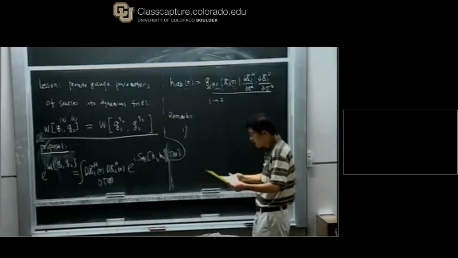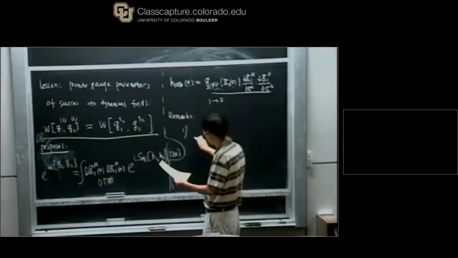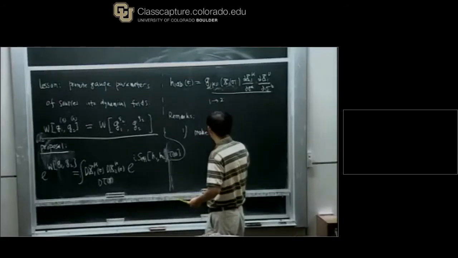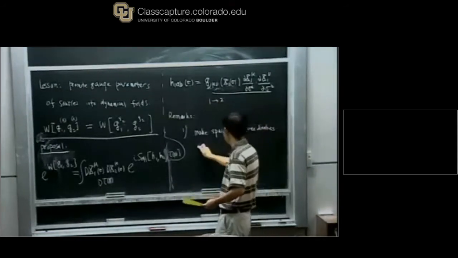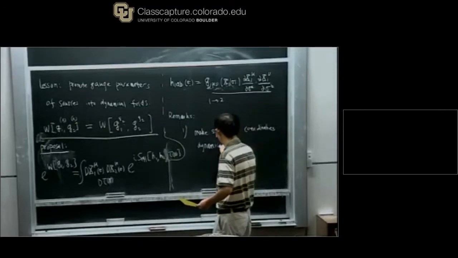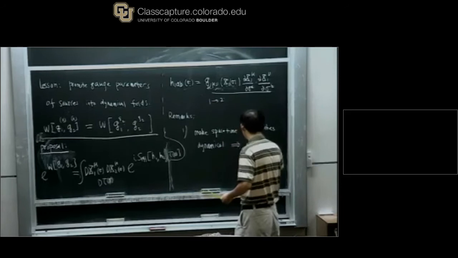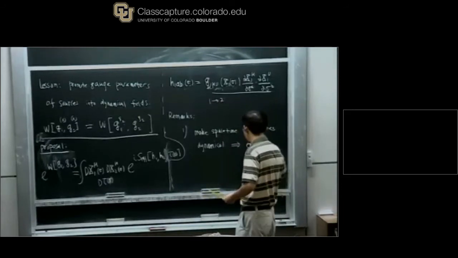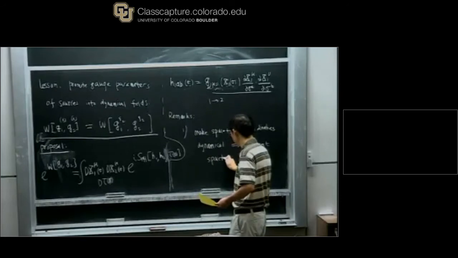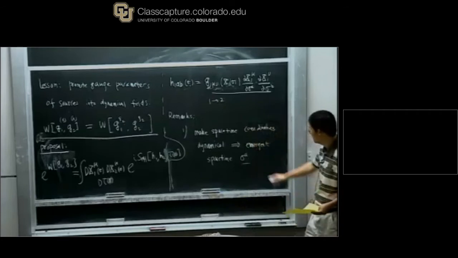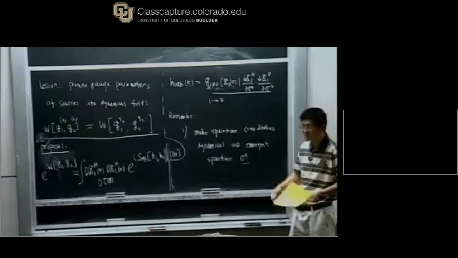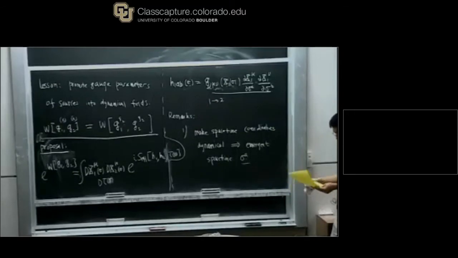So the price to make space-time coordinates dynamical leads to a new emergent space-time, sigma, which is labeled with A. The sigma has the same dimension as the original space-time, but now I have to introduce this sigma.